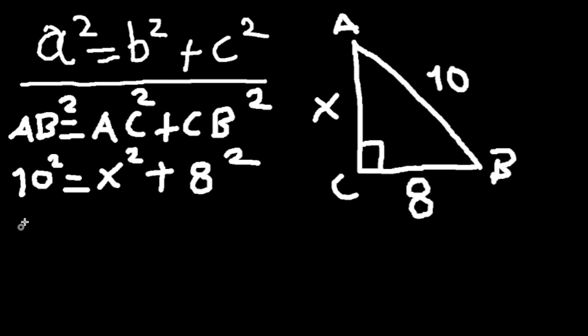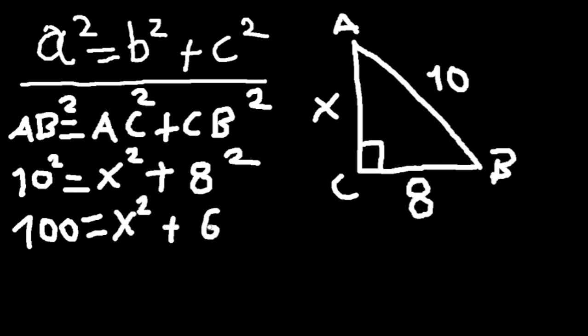Okay, so what we want to do is get rid of the exponents, so that would just be 100 equal to x squared plus 64. Okay, and now we want to put the 64 on one side, so that one side has the unknown numbers and the other side has the known ones.